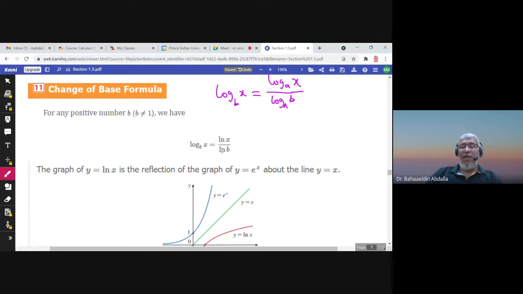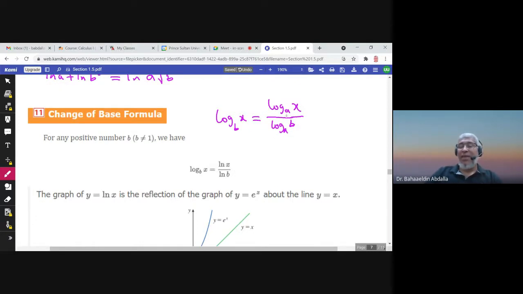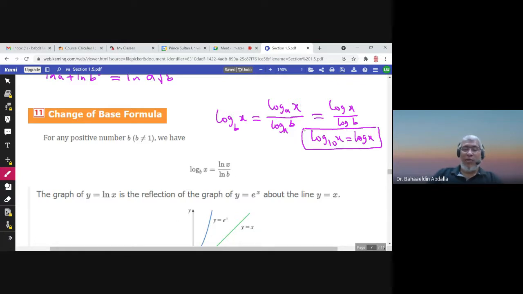So you will have ln x over ln b. Also, if the base is 10, we just write it log x without a base. If we don't write the base, it means it is 10. So if we change to the base 10, we can write log x to the base 10 over log b to the base 10. So log base b of x would be ln x over ln b, or log x over log b, or this one.